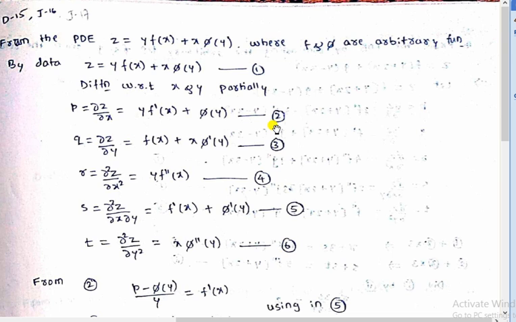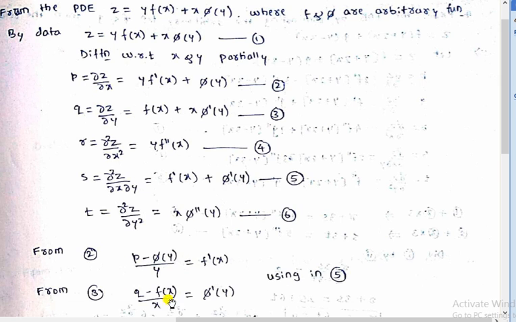Now we will rewrite equation number 2: shift this phi of y to the left hand side and divide both sides by y, which gives f dash of x. Similarly in equation number 3, shift this f of x to the left hand side and divide by x, which gives phi dash of y.